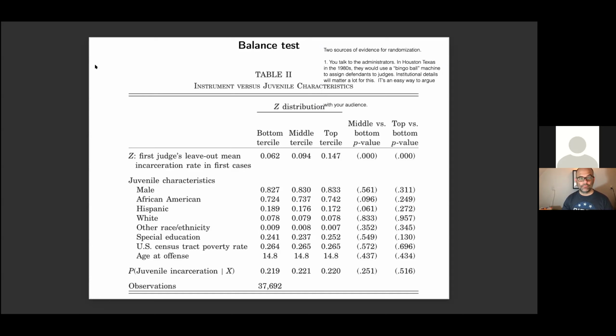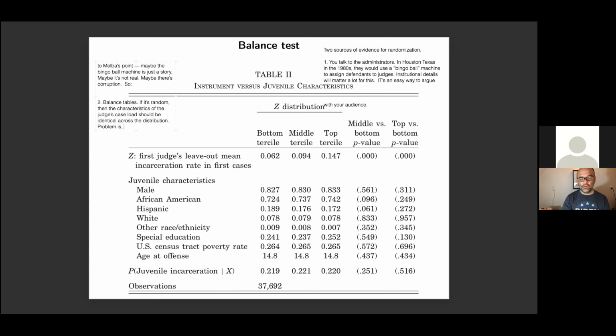But to Melba's point, maybe the bingo ball machine is just a story. Maybe it's not real. Maybe there's corruption. So number 2, balance tables. If it's random, then the characteristics of the judge's caseload should be identical across the distribution.